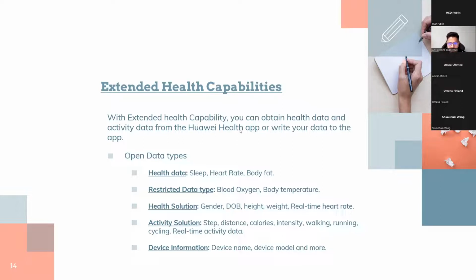Other developers or other applications can do the same thing. So in a single device, it can be a combination of different apps providing this information. Here also there are different open data types that developers can get when they apply for it.